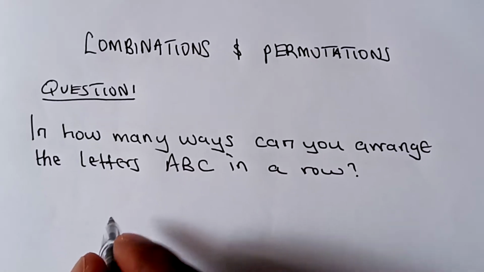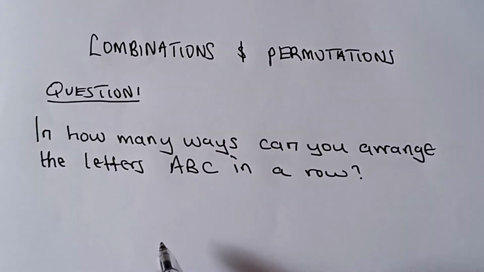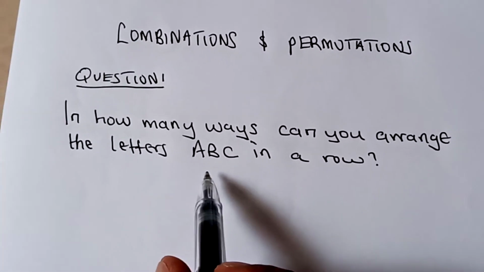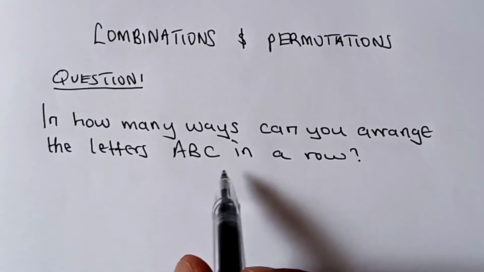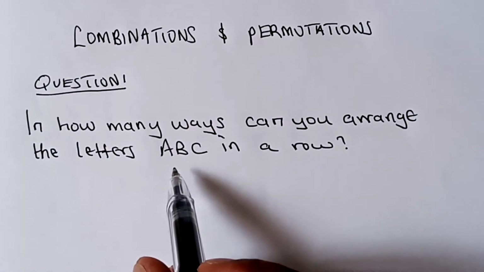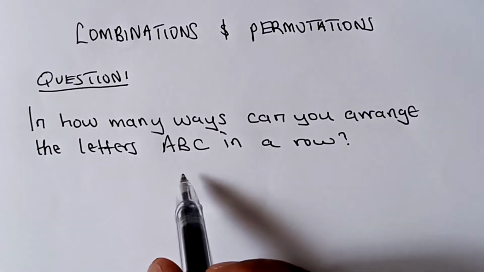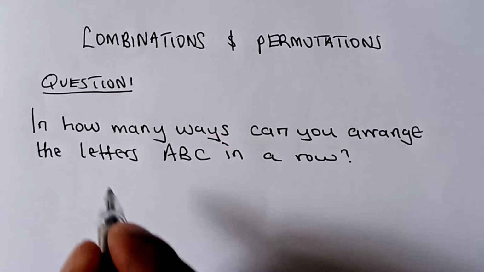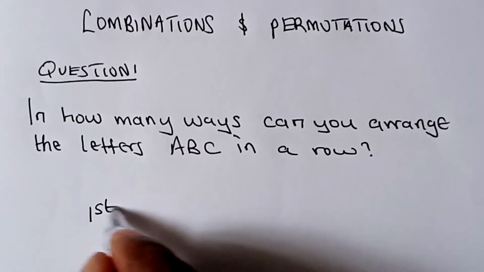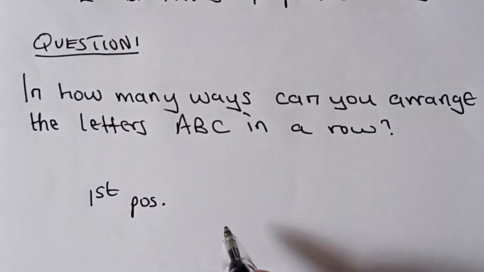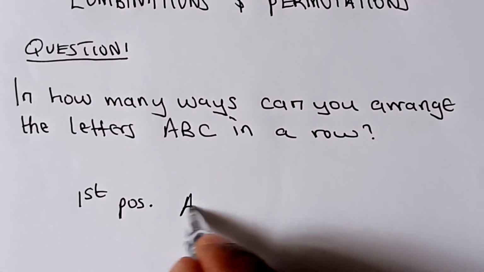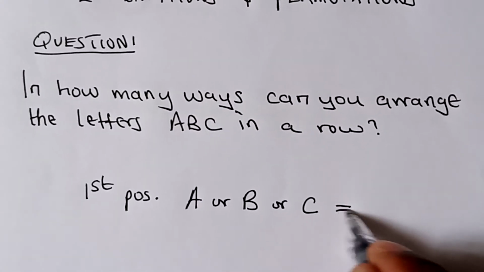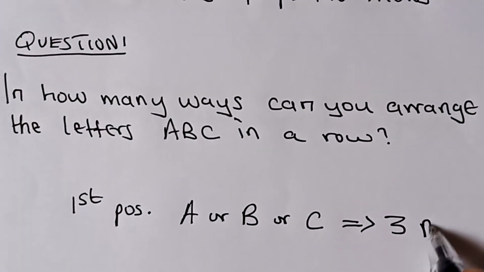For example, in how many ways can you arrange the letters A, B, C in a row? Now we have three letters and we just want to arrange them, meaning that each letter will be taking the first position, the second, and the third position. Now in this case, the first position can be filled by either A or B or C. It means that we have three possible ways.